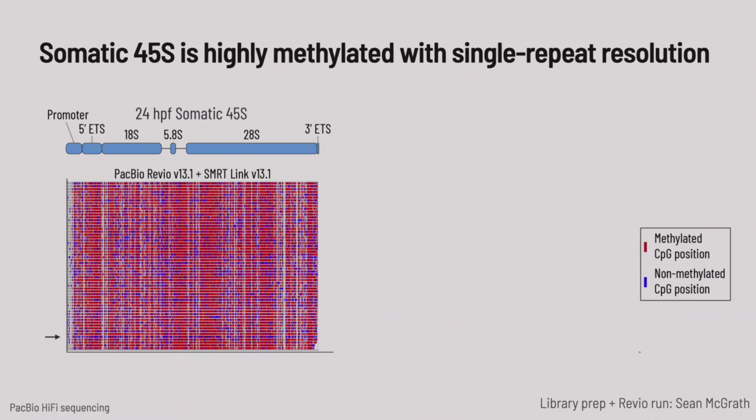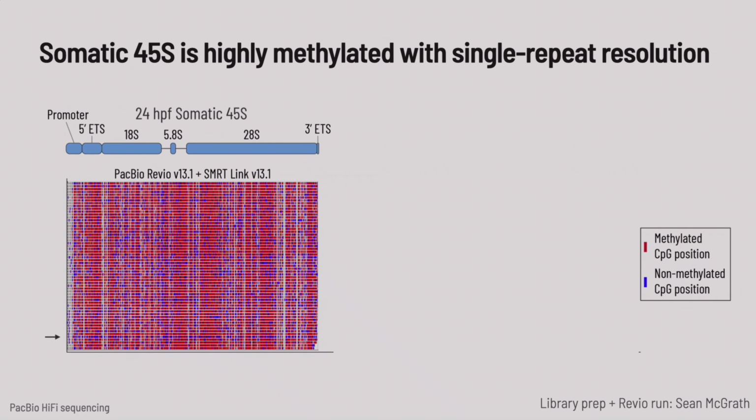As I was saying a couple of slides ago, long read gives us the ability to look at single repeat resolution. So I'm showing you here a bunch of reads. Each line represents a read that is color-coded by DNA methylation, methylated in red and non-methylated in blue. We see that the majority of the reads are red, and maybe 1 or 2 reads are blue, consistent with low DNA methylation.